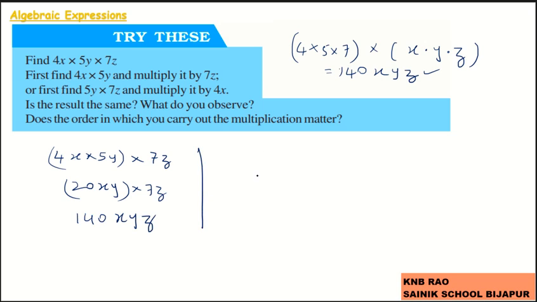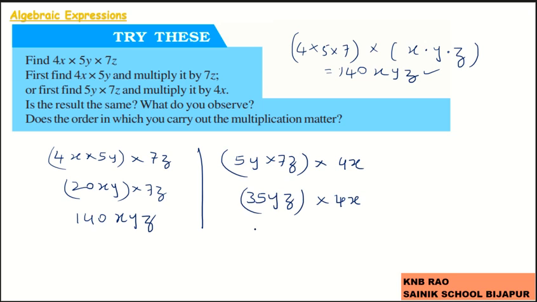And he is asking us to do first 5y into 7z, then to that product 4x. So 5y into 7z gives me 35yz into 4x, it is again 140yzx, or it can be written as xyz. So results are same. Is the result the same? Yes.